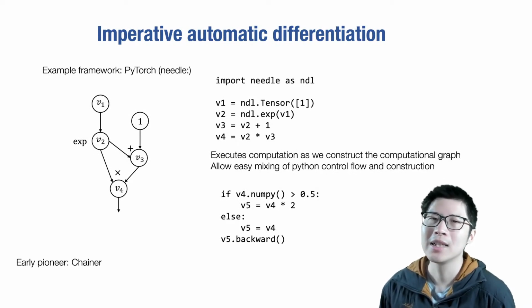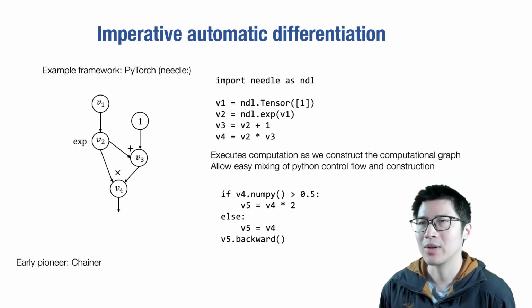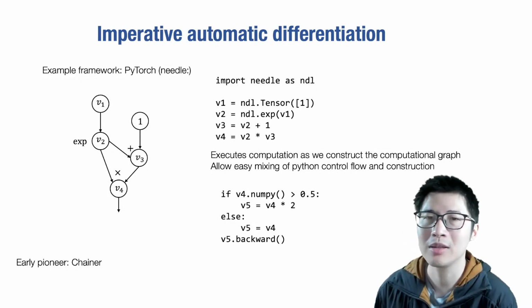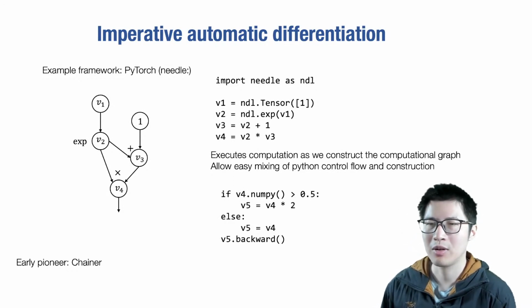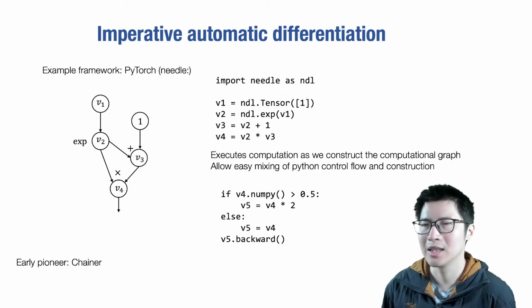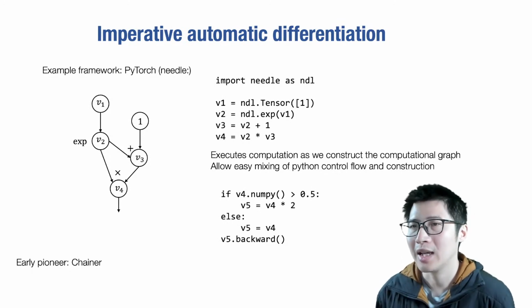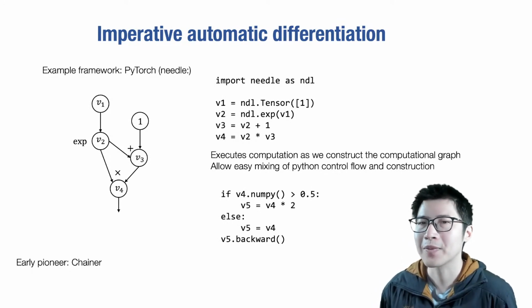Later there are techniques that try to get even this kind of imperative programming model into a more efficient state, and there are efforts like compilation and just-in-time compilation that help us move along the way.